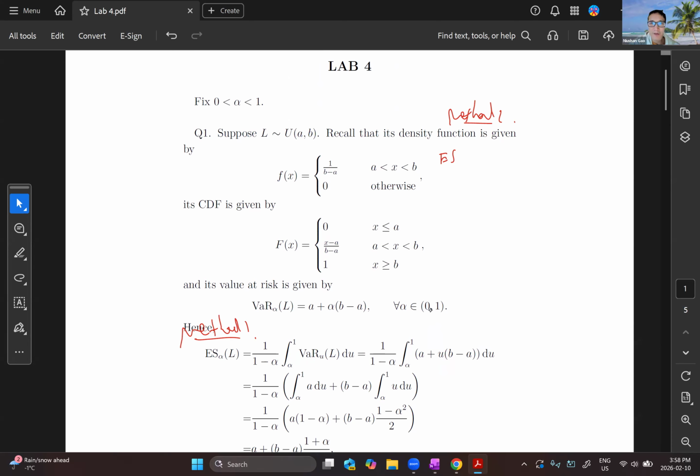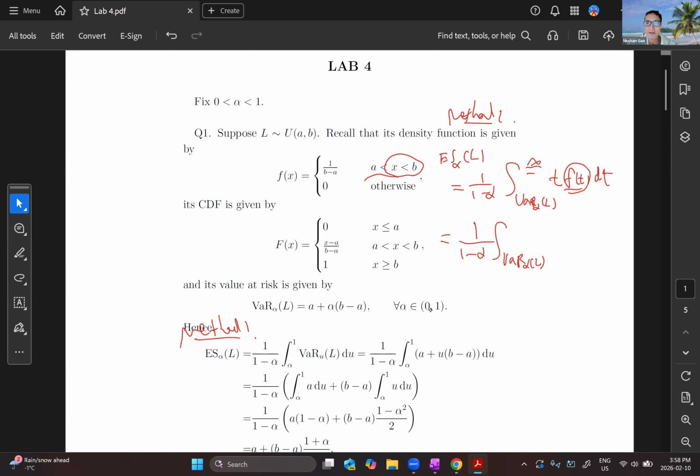The expected shortfall of alpha of L equals 1 over 1 minus alpha times the integral from the value at risk of L to infinity of t times f of t dt. So if I put it in, now the function has a value only between a and b, so you shouldn't use infinity because above b, f of t is 0, so there is nothing to do.